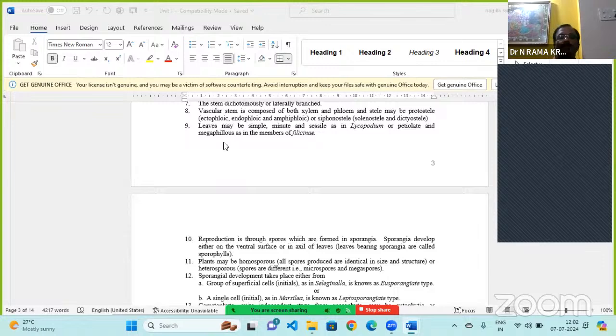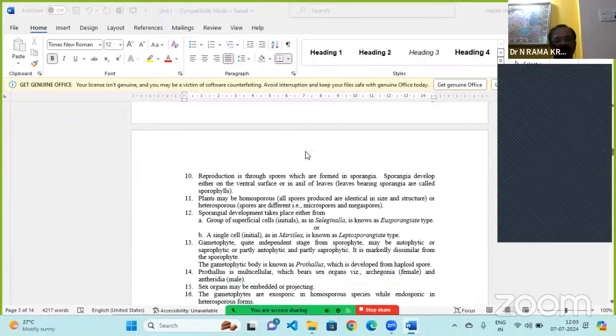Here the leaves may be simple, minute, and sessile, as in Lycopodium, petiolate, and megaphyllous as in the members of ferns. The leaves may be of two kinds on the basis of their size.